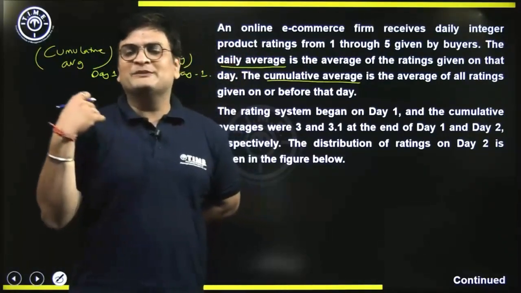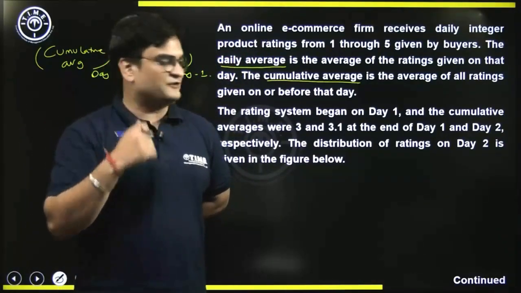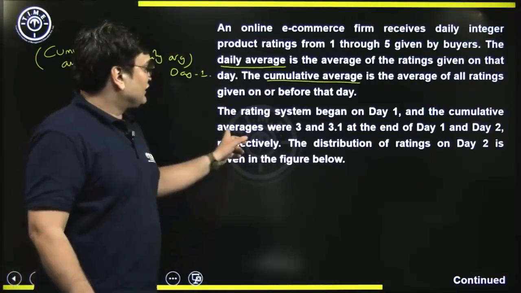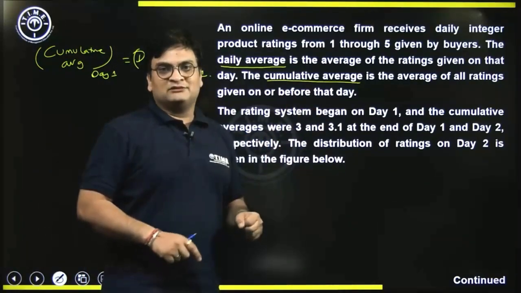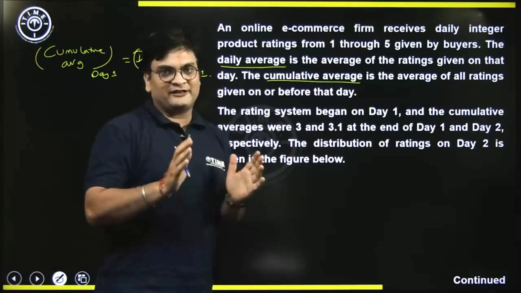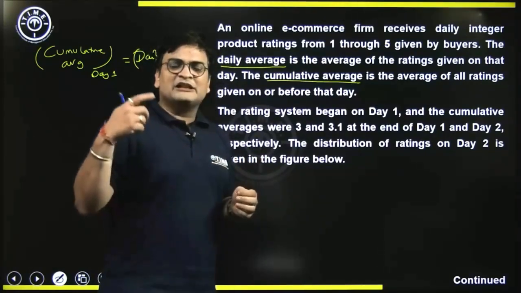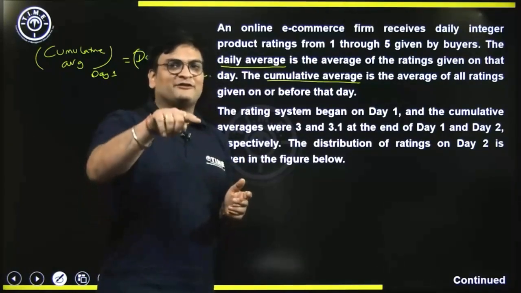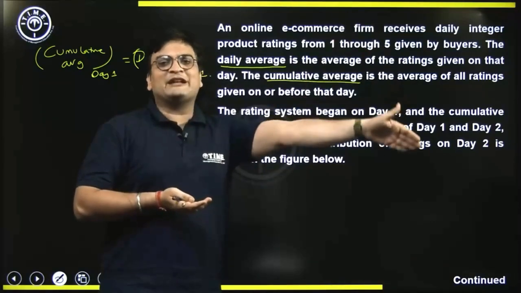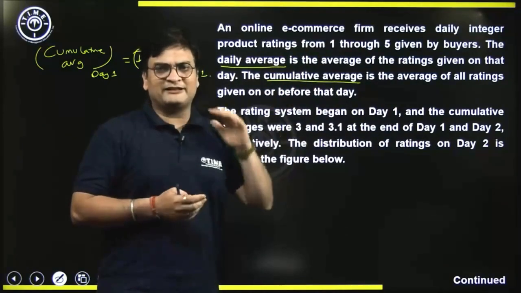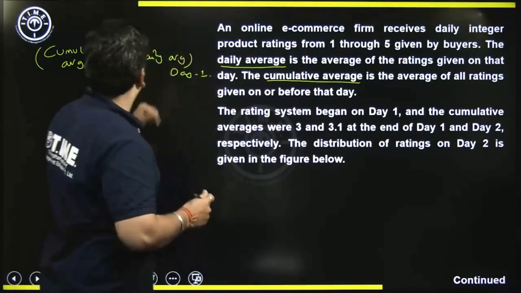So whatever is a cumulative average for day 1 is same as daily average for day 1, whereas the cumulative average for day 2 will be different from daily average for day 2, because cumulative average for day 2 will be inclusive of all the ratings received on day 1 also, and sum of the ratings by number of ratings for day 1 also.